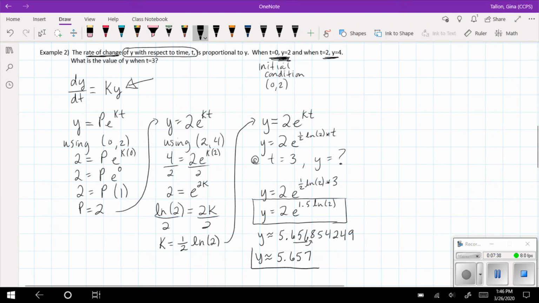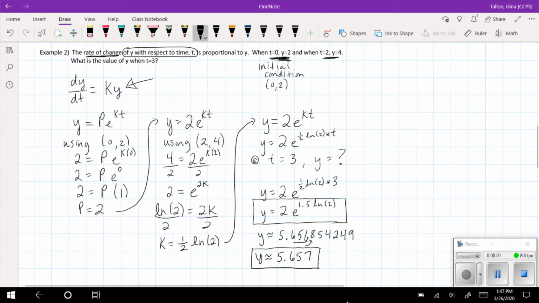And yeah, I did not like how that came down so shaky. So question number 2 looks like it's done. What is the value of y when t equals 3? The y value is 2e^(1.5 natural log of 2), or it's simply 5.657. You know, we could simplify this a little bit more too.